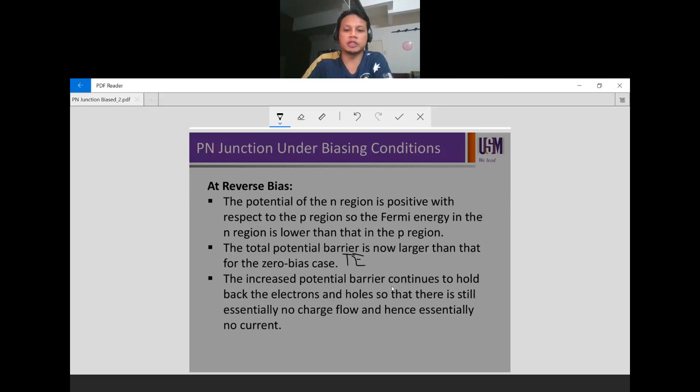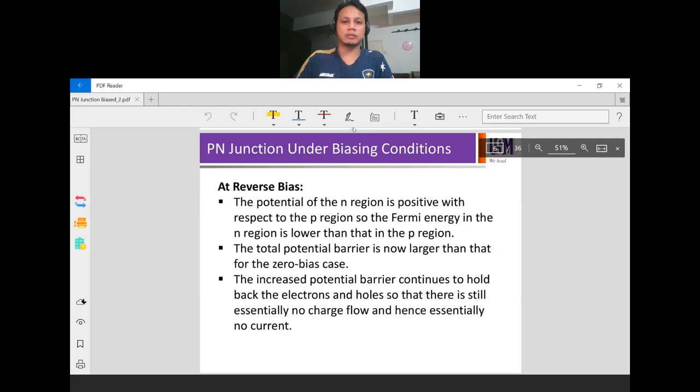The increased potential barrier continues to hold back electrons and holes, so there is still essentially no charge flow, hence no current. So it is just like the thermal equilibrium condition, even more so because the barrier height is now higher than the thermal equilibrium condition. There is still no charge flow, no current flow. So that's more or less the summary for the reverse bias.